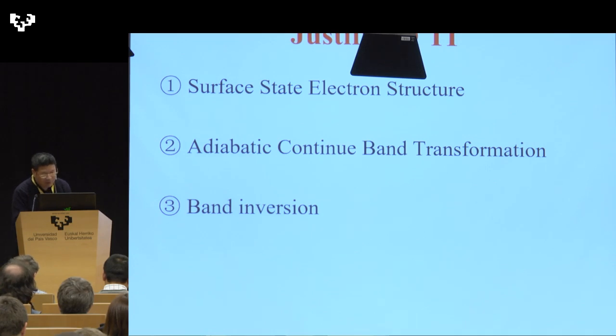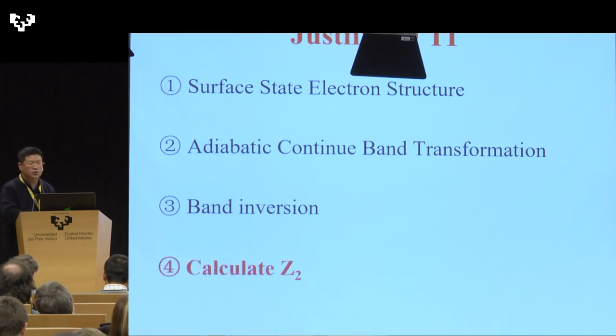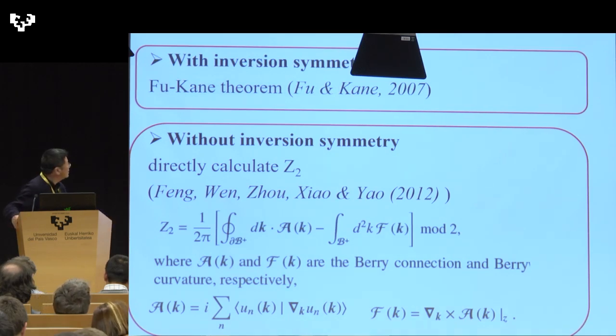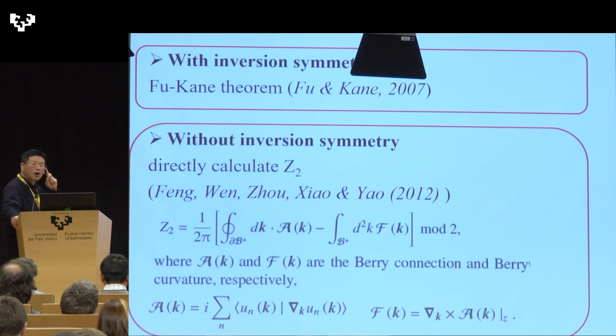But the most direct way to check a 3D topological insulator is to directly calculate Z2, right? If people talk about a 3D topological insulator, it means the system has time reversal symmetry, and you need to calculate Z2. But calculating Z2 is not an easy job. If the system has inversion symmetry, then we can use the parity of the occupied bands to calculate Z2.